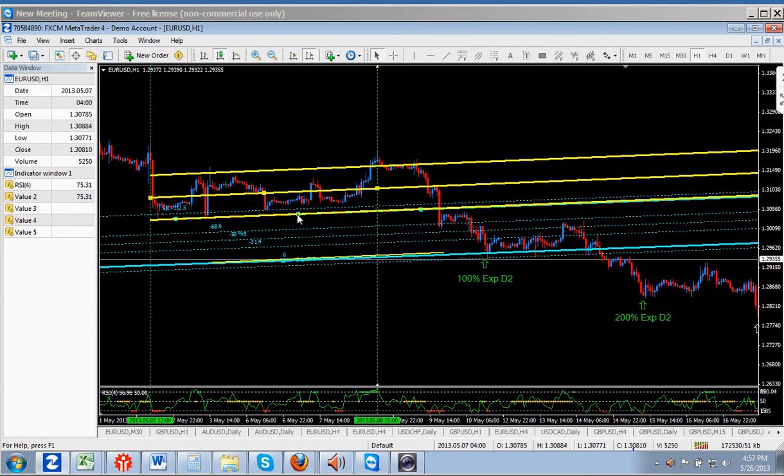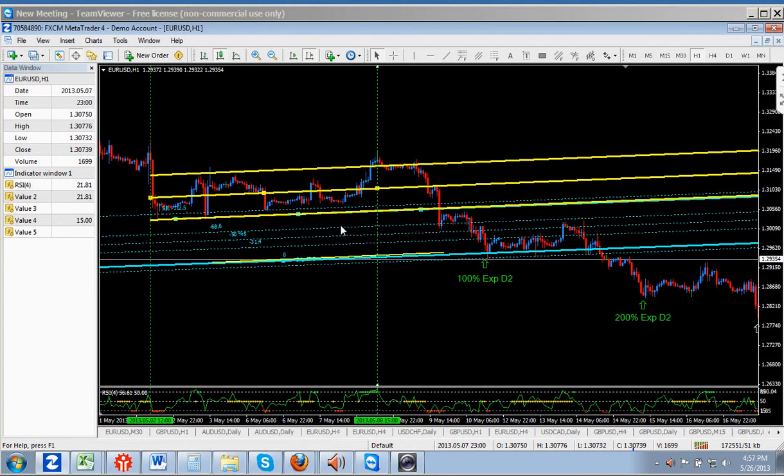Okay. So what we're trying to say is you can use the fib channel tool to identify a 100% expansion of the standard deviation channel to trade a bounce. In this case, it would be a buy. And I have this gigantic arrow marking the spot there. 100% expansion of deviation 2, which is a deviation ratio that we use for that plot.